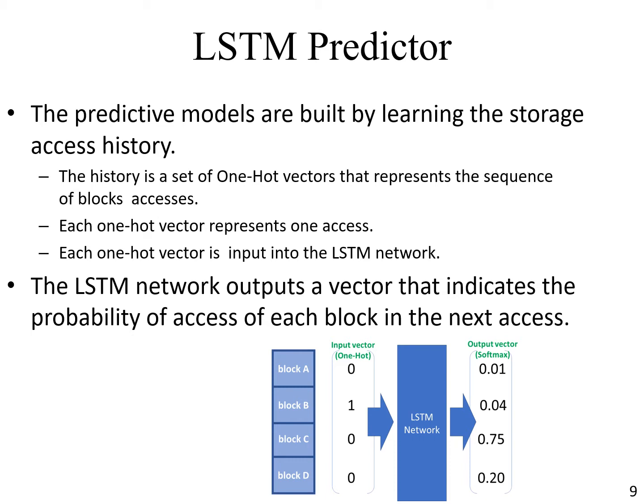Each one-hot vector represents one access. Each one-hot vector is input into the LSTM network. The LSTM network outputs a vector that indicates the probability of access of each block in the next access.